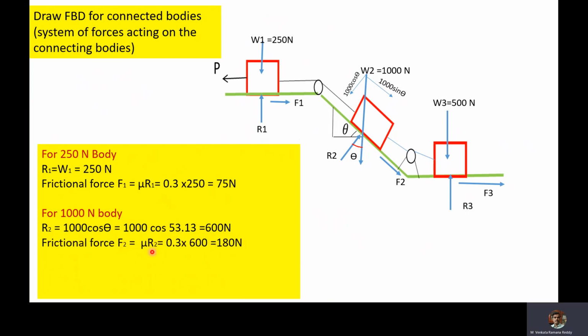Frictional resistance F2 is equal to mu into R2, which is 0.3 into 600, equal to 180 Newton. For the 500 Newton body, R3 is equal to W3 is equal to 500 Newtons, and F3 is equal to mu into R3, that is 0.3 into 500, which is 150 Newton.